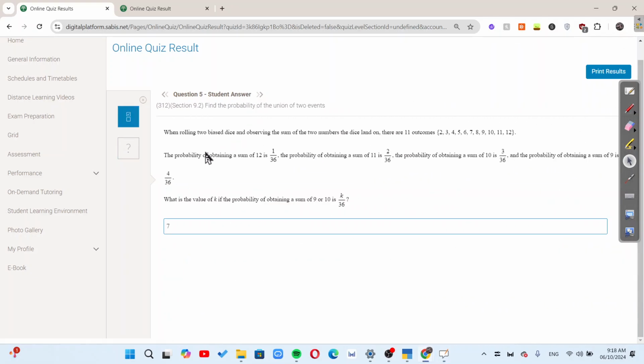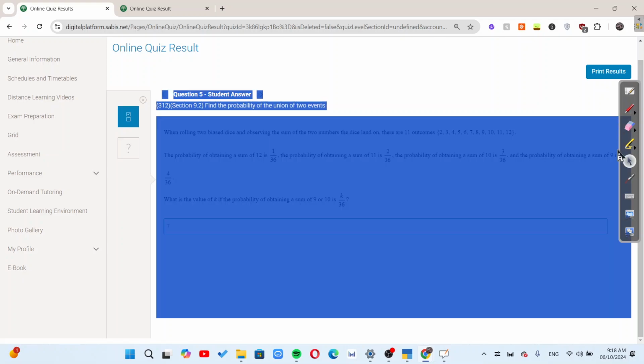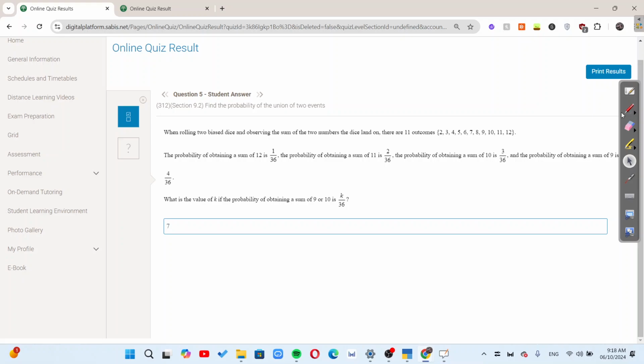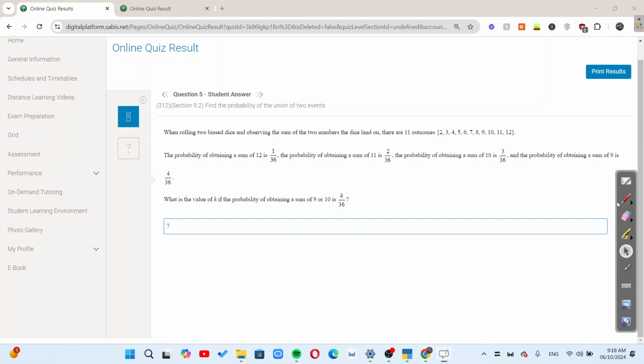Okay, so this question, it's really easy. You have biased dice, so your dice aren't equal, they're broken, they're not going to give you correct answers. So the probability that you get sum 12 is 1/36, 11 is 2/36, 10 is 3/36, 9 is 4/36. What's the probability of obtaining a sum of 9 or 10? So you have to do the probability of 9 plus the probability of 10, because the word or is the keyword for plus.